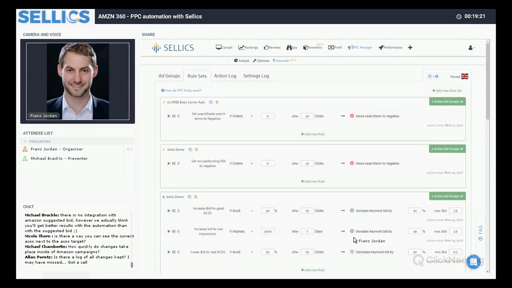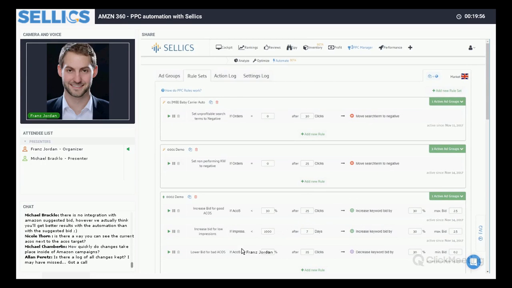You can take advantage of this, for example, by having multiple rules set up for different ACOS thresholds, so that if you have a very bad ACOS, you will not decrease the bid once, but actually decrease it twice or 3 times. We're thinking about adding a priority system for the future, but this is also based on the feedback that we get from you guys, if it's actually something that you would need. All right.